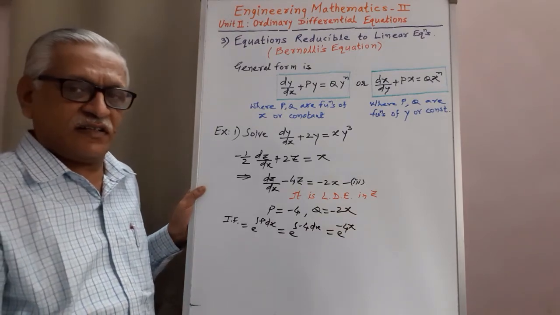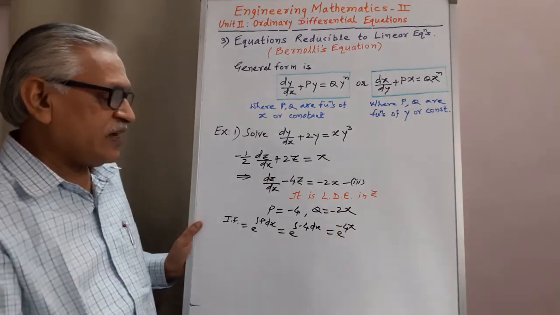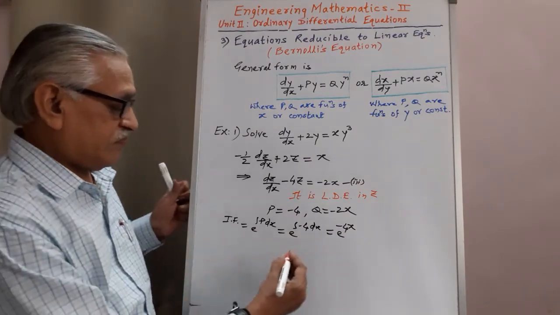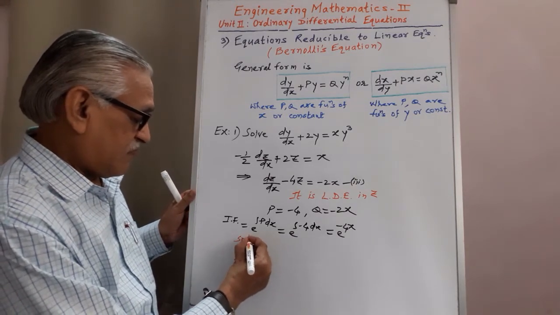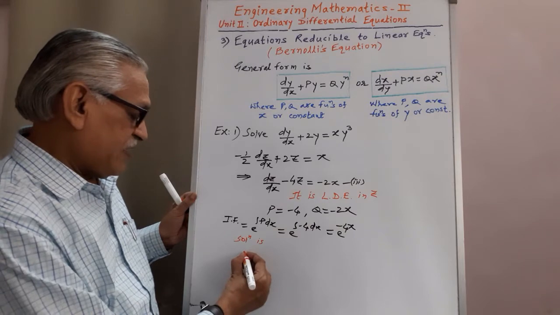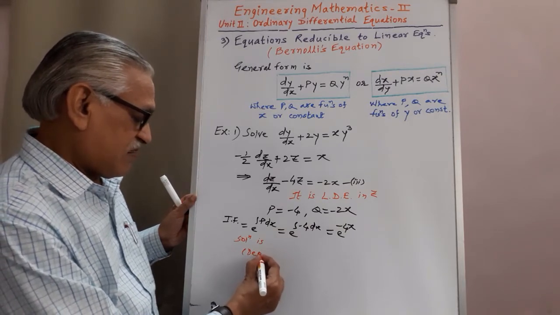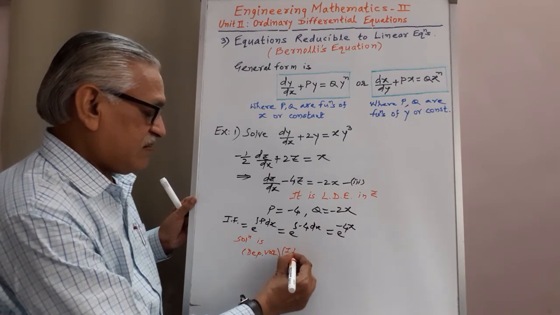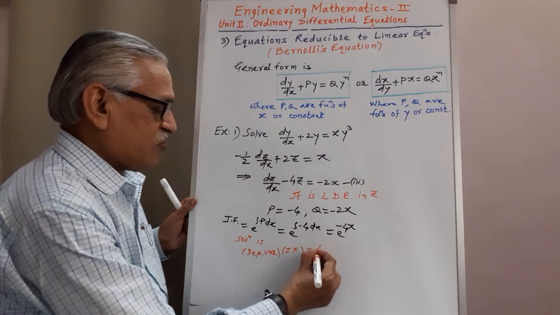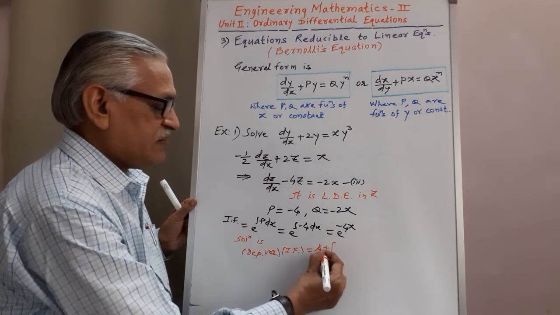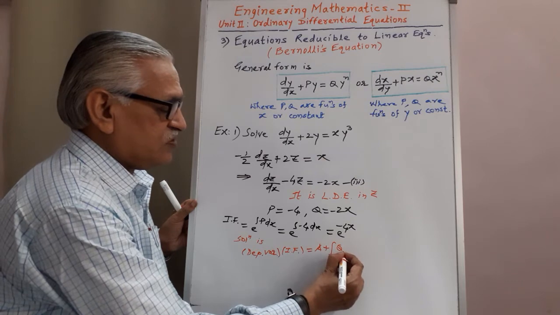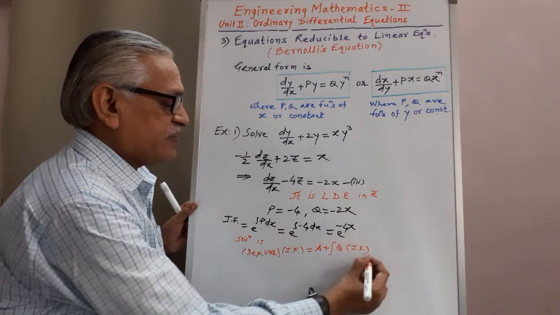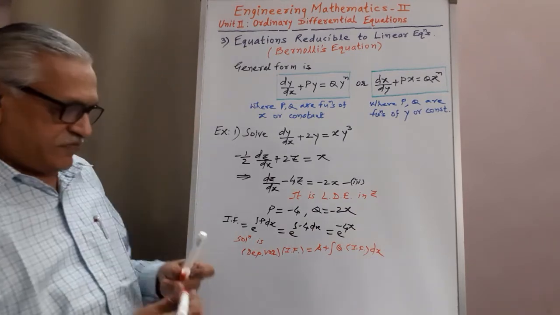Therefore we get the integrating factor as e raised to minus 4x, and then the solution is given by dependent variable into integrating factor is equal to constant plus integration of Q into integrating factor with respect to x.